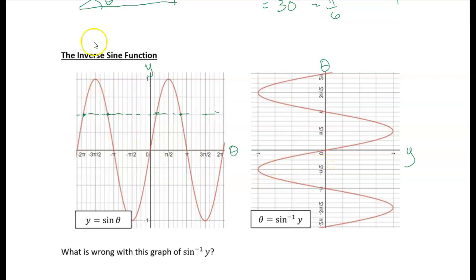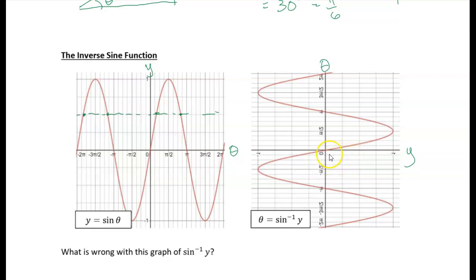And so we're going to remedy that problem by, again, restricting the range. In this case, we want to be able to put in any value for sine between 1 and -1, because sine only varies between 1 and -1.